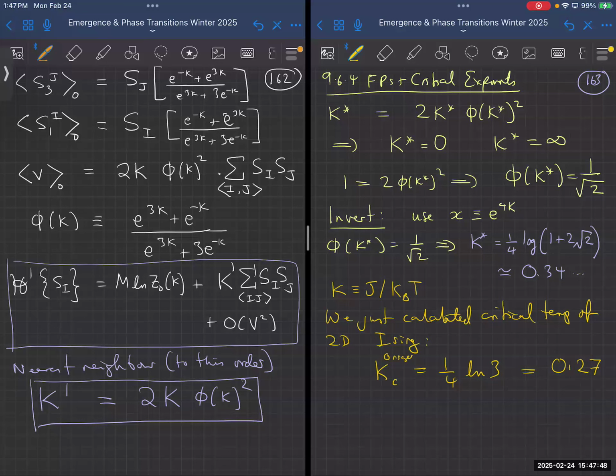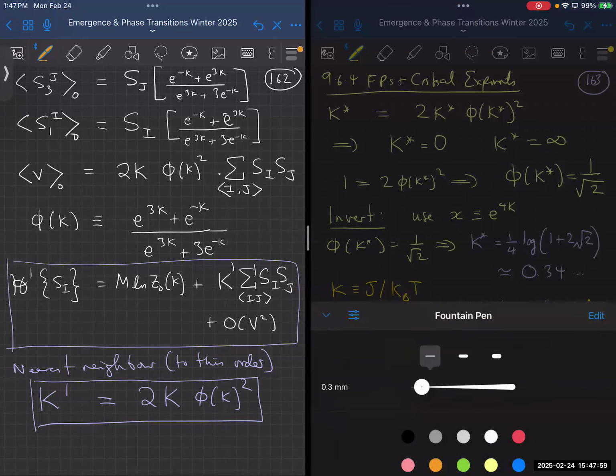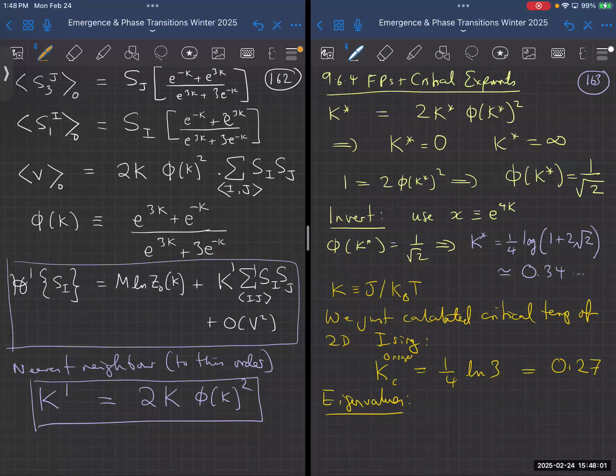Okay. And similarly, if I want to compute the eigenvalues, well, how do I compute the eigenvalues? Well, the thermal eigenvalue lambda t is equal to dk prime by dk evaluated at the critical point at k star.